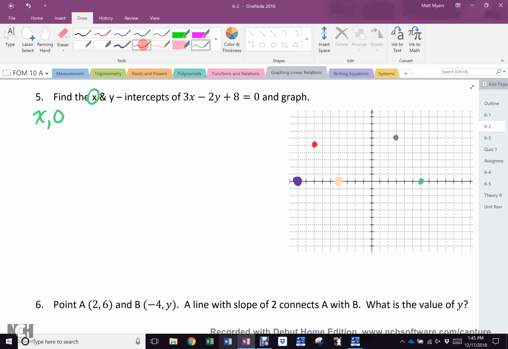Now, that should help you out when I ask you what a y-intercept is. What is a y-intercept? 0, y. Now, in grade 9, you were taught the T-chart. What is on the left of a T-chart? X's. In grade 10, I told you that's input or independent variable. What's on the right?